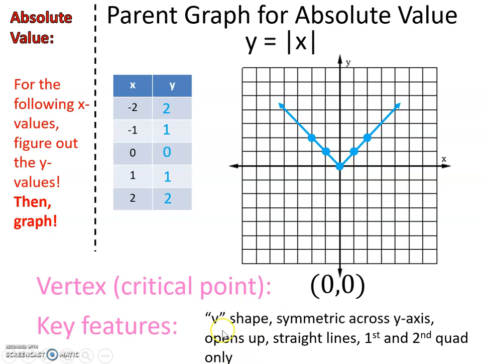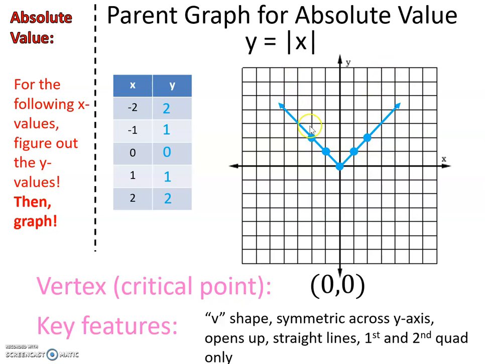And the key features are, like we said, it is V-shaped. It is symmetric across the y-axis. The y-axis is our line of symmetry. Remember, symmetric means that you'll have a mirror image on both sides. So you can see this side and across the y-axis they are mirror images of one another, just like a parabola would be.